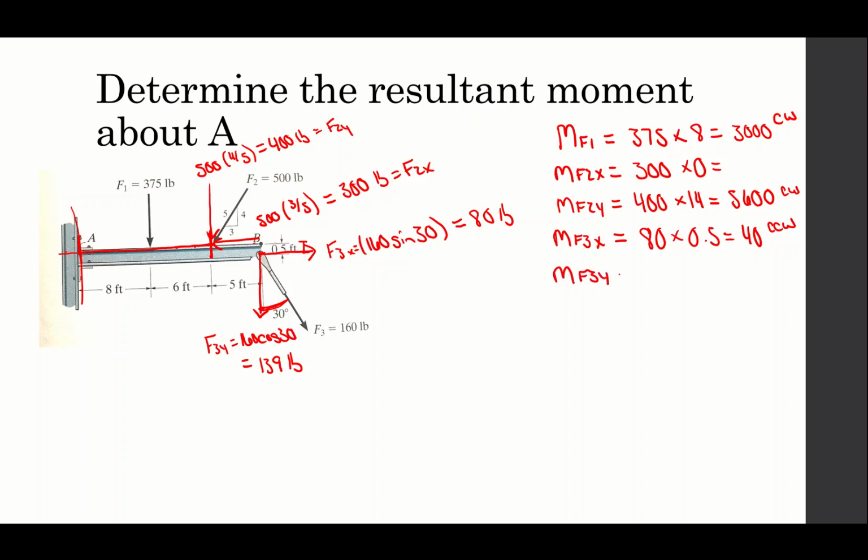And F3y, we have 139, and its distance needs to be an x distance all the way back to A, which is 19. And I got 2641. Is that clockwise or counterclockwise?